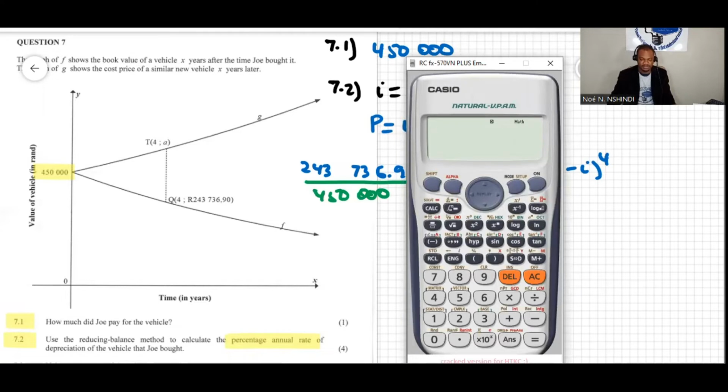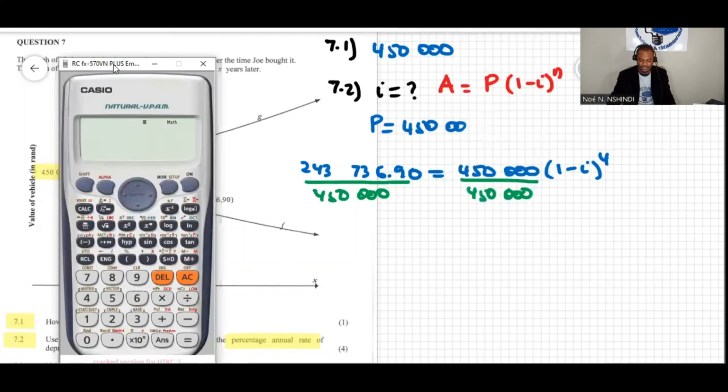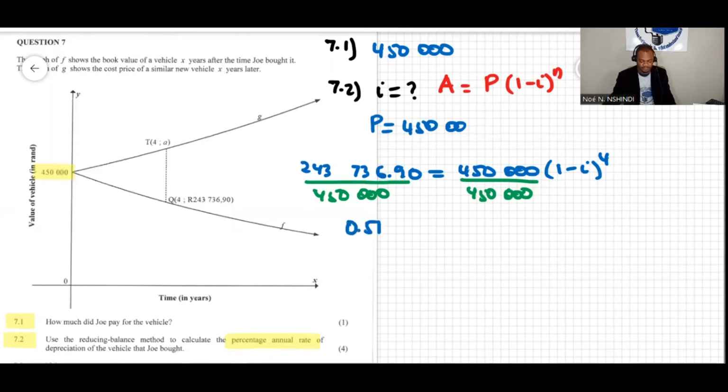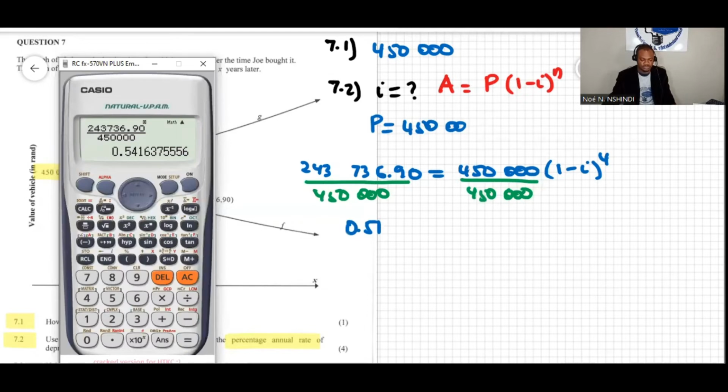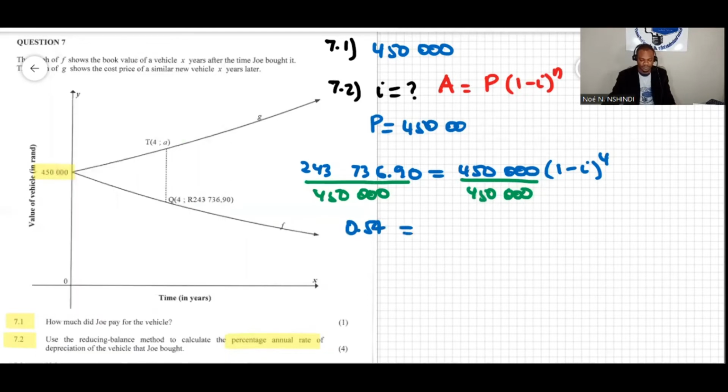Then we can use a calculator for that. 243,736.90 divided by 450,000, and that is equal to 0.54. So 0.54 equals 1 minus I to the power of 4.